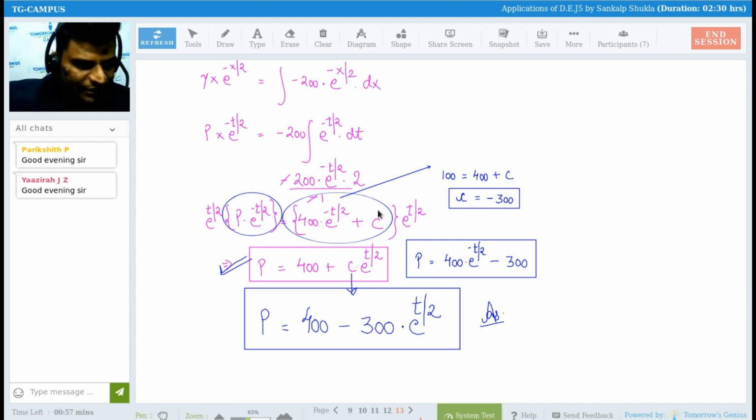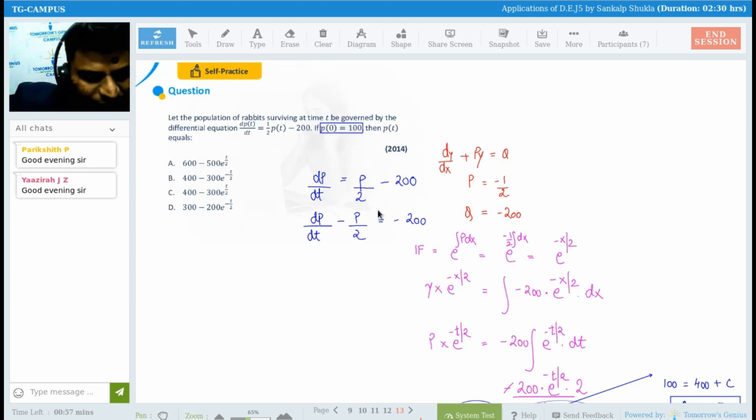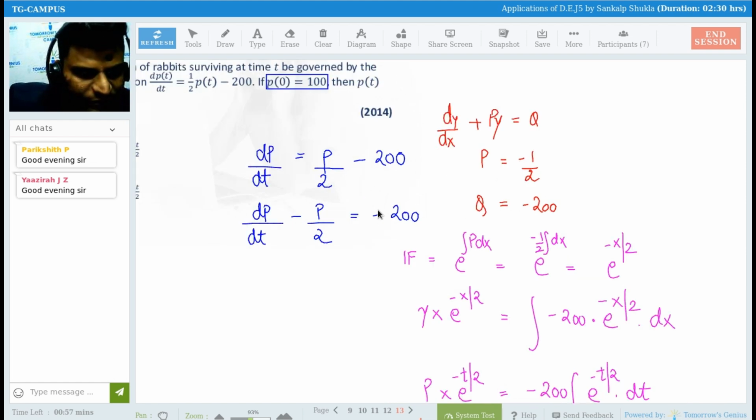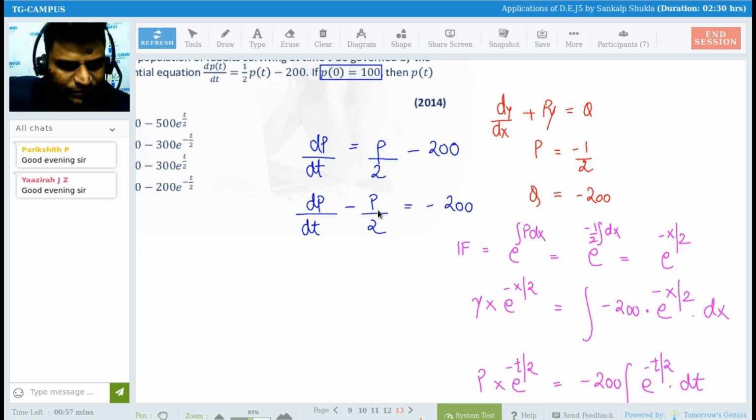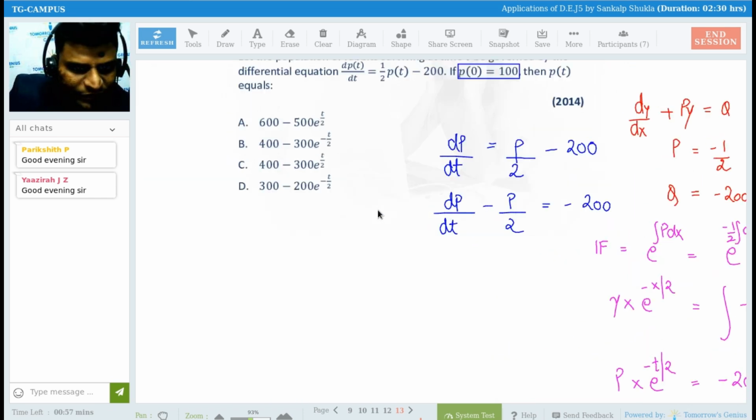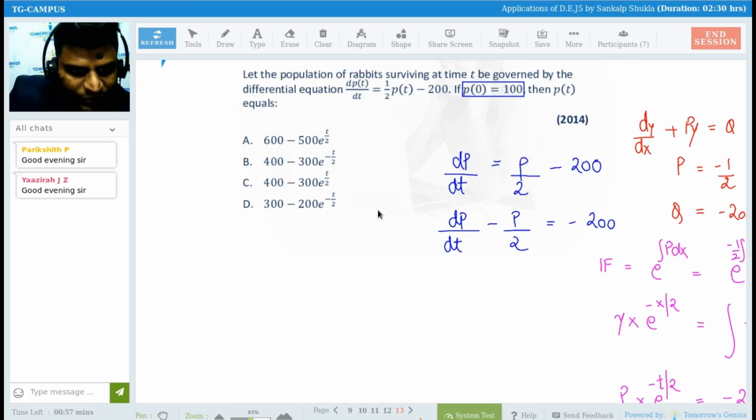Any option is not there, because I said so. Then it is option C. Wait. It is 400 minus 300 into e raised to the power t by 2. Oh, okay. Sorry, my bad. I thought it is minus t by 2. Fine. Very good. Nice observation. C option, right? Yeah, C is correct.